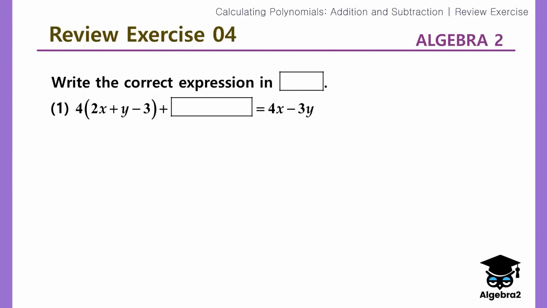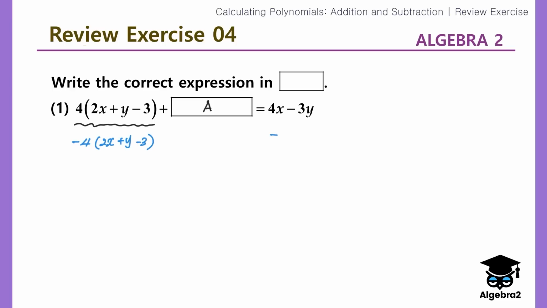Review exercise number 4. The question is to write the correct expression in the empty space. So first, I'm going to let this empty space be A. And what I'm going to do is eliminate all of this term right here. So I'm going to subtract minus 4, 2x plus y minus 3 on the left hand side.